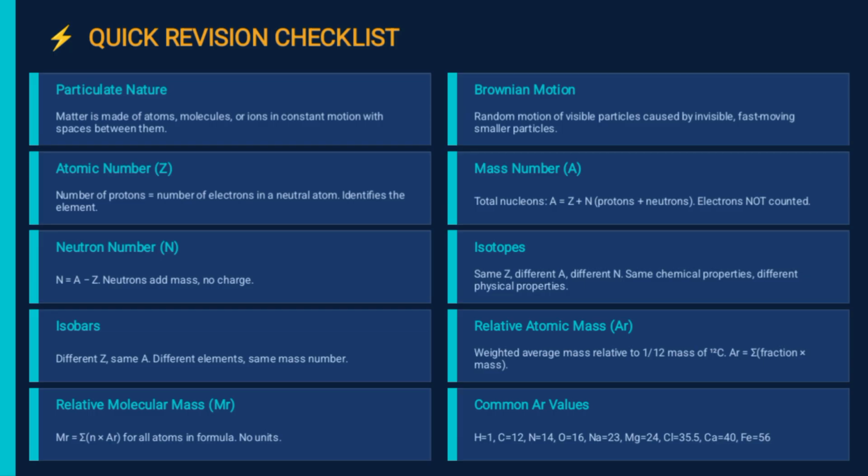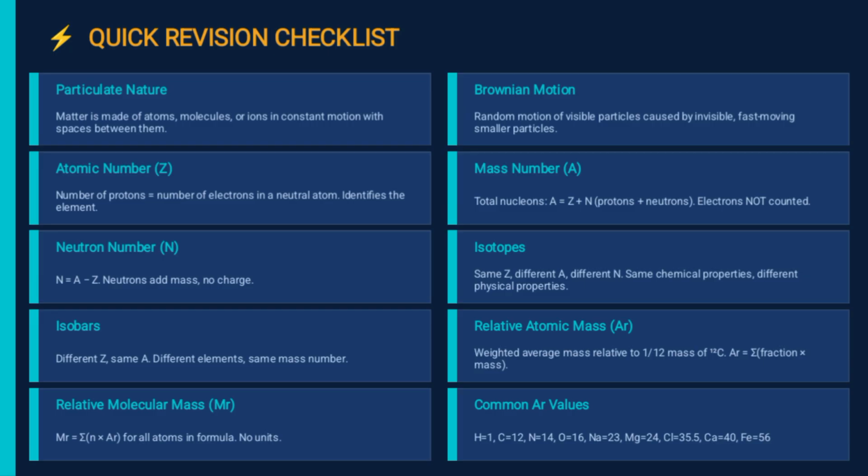Relative molecular mass is the combination of all the relative atomic masses of the constituent elements in a compound. Brownian motion is one of the phenomena supporting the kinetic theory of matter. Mass number is the total mass of protons and neutrons in the nucleus of an atom.